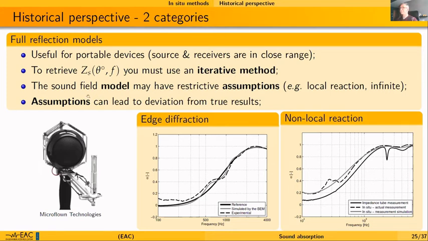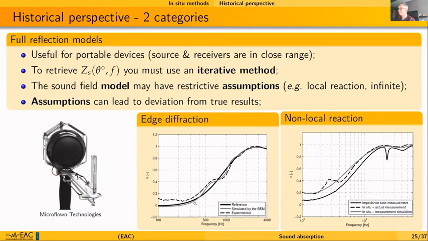Another drawback is that the sound field model that you use here, even with a full reflection of the spherical wave, may have some restrictive assumptions, such as assuming that the sample is locally reactive or that the sample is infinite. Those assumptions can lead to some deviation from true results.